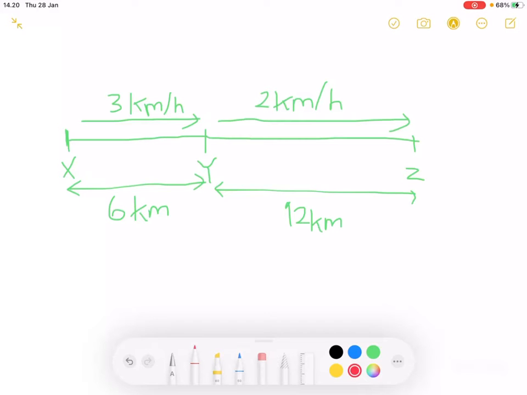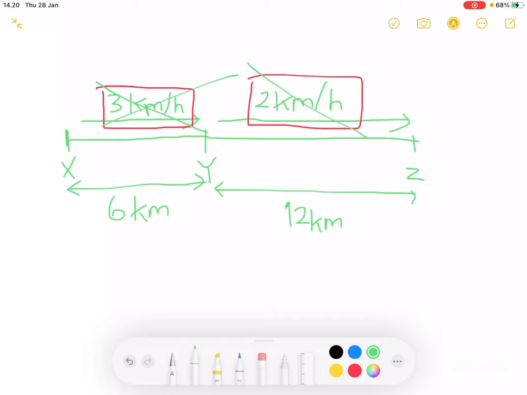Well, a common mistake is that students often take both speeds, sum them together and divide by 2, and that is totally not the case here, because remember our average speed formula: AS equals total distance over total time.